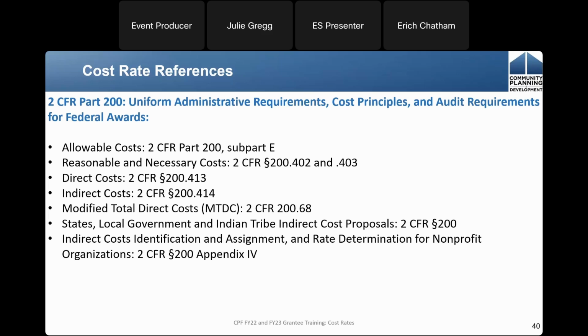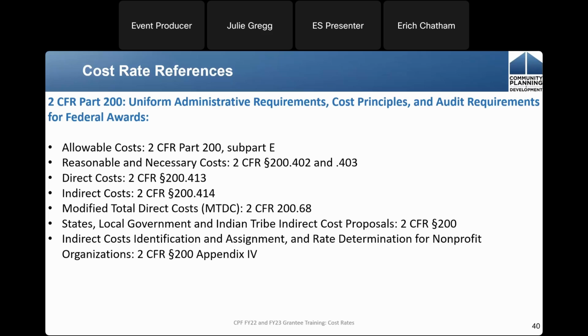States, local governments, and Indian tribes can do their indirect cost proposals, and instructions on how to do that are included in 2 CFR 200. And then for nonprofit organizations, it's included in 200 Appendix 4 for indirect cost identification.